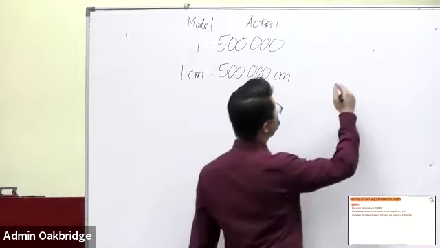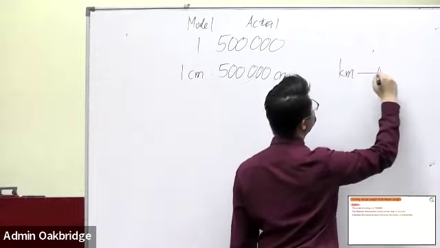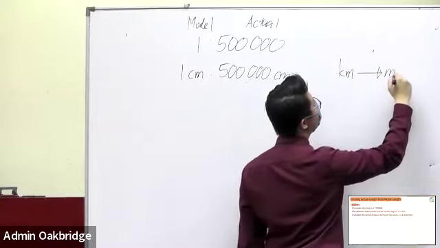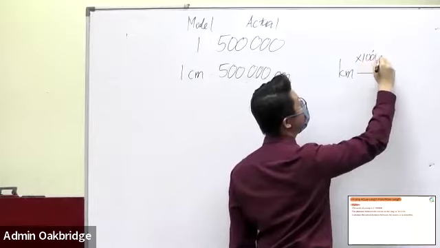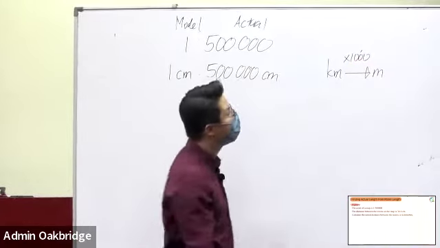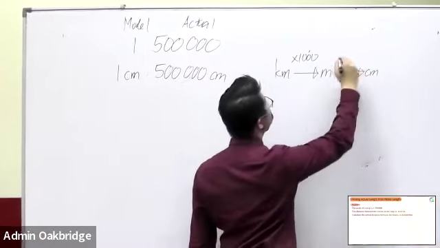So how do you change cm to km? You know km to meter, you need to times 1,000, right? And then meter to cm, times 100.